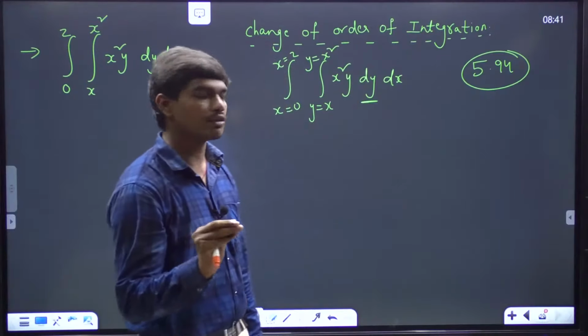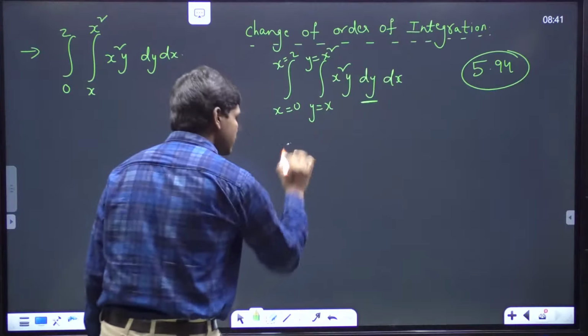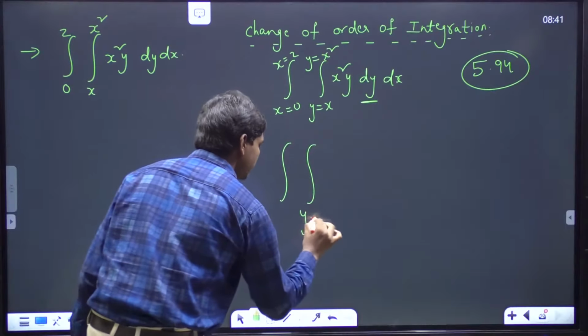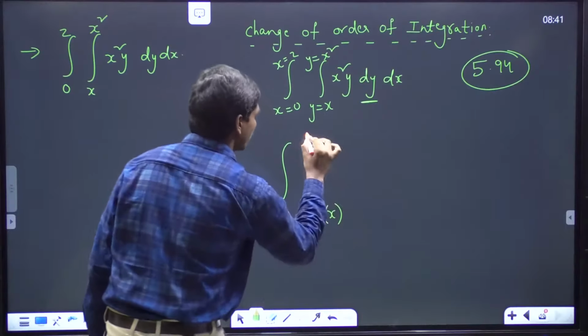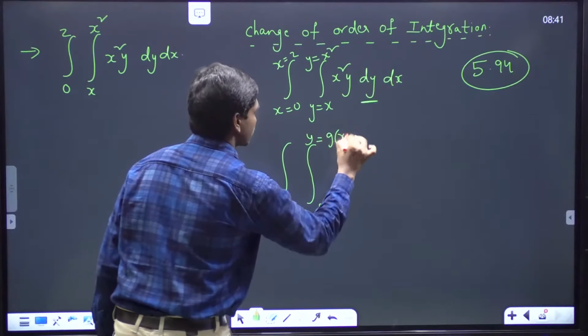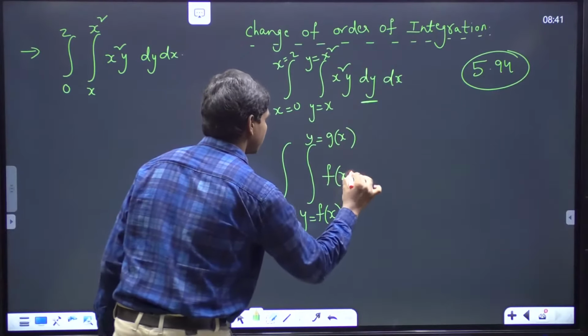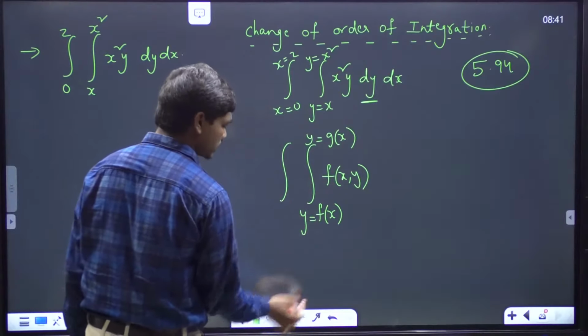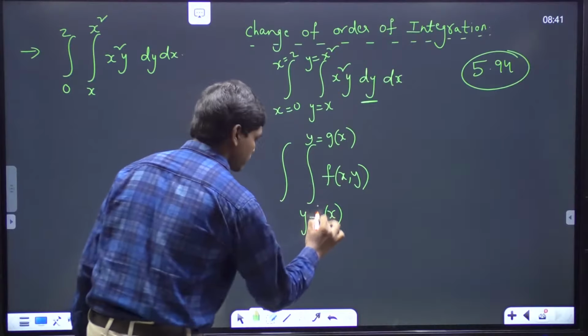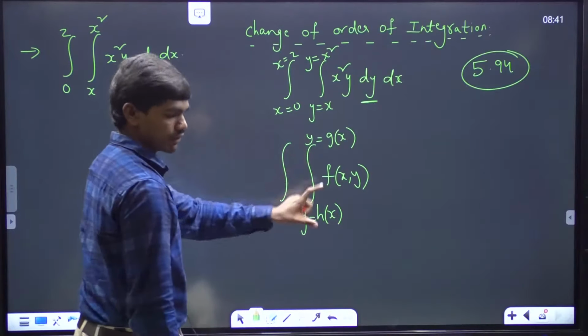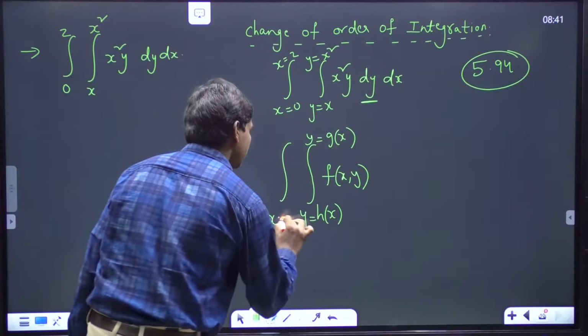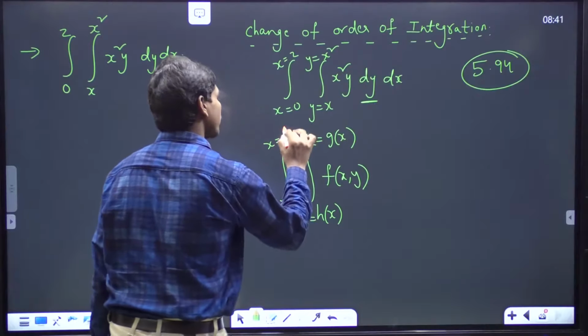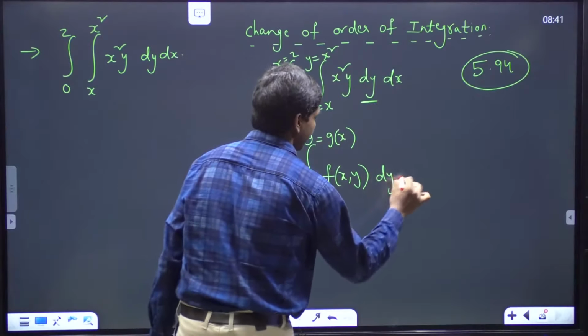Until now, many questions have been asked already. So see here, if there is a function like this, y is equal to f of x to y is equal to g of x, f of x comma y. Don't confuse between this f and this f. This is just a limit, or let me write this as some other variable, h of x. So h of x to g of x, basically two functions, and x is changing from a to b, f of x comma y dy dx.